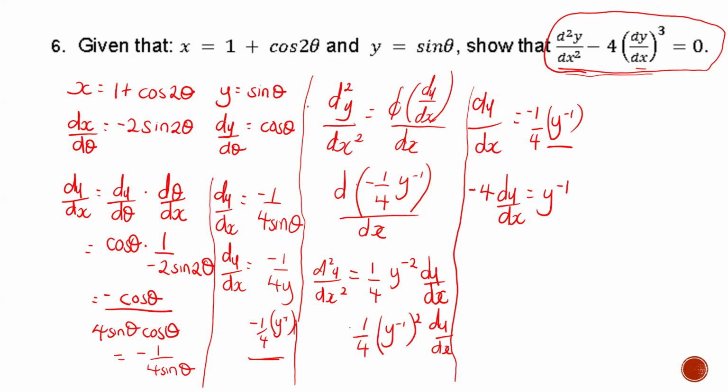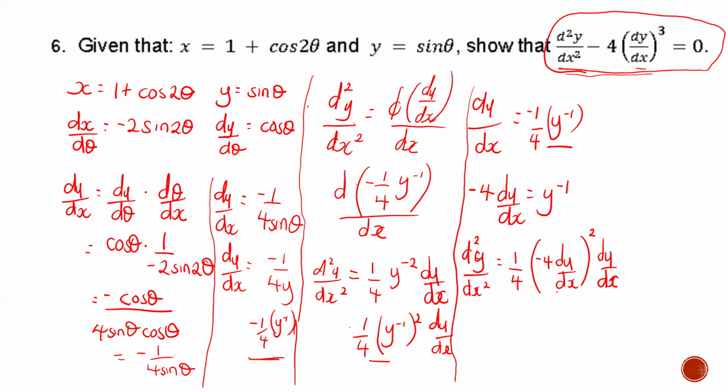Then we're going to replace this expression here into here. So I'll have d squared y out of dx squared is equal to 1 out of 4 into -4 dy dx squared. Then we still have a dy dx here.